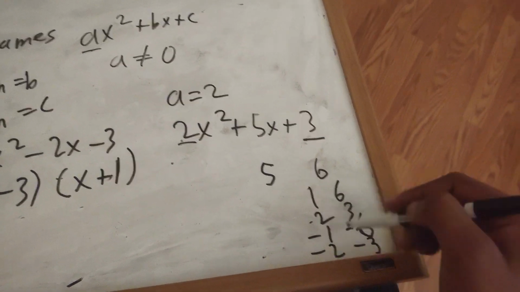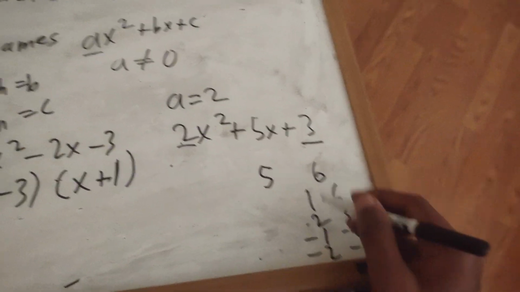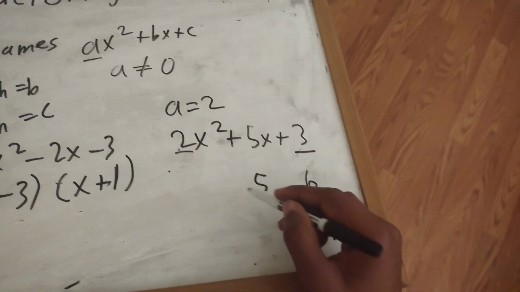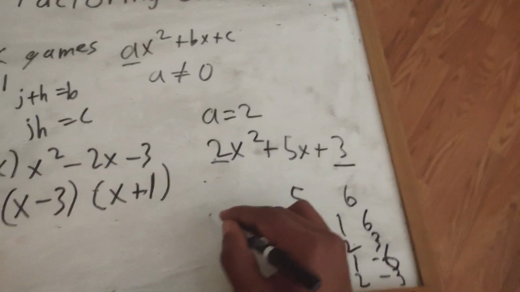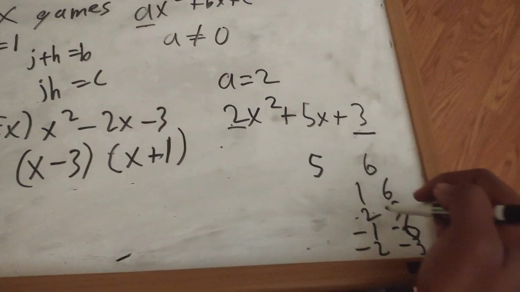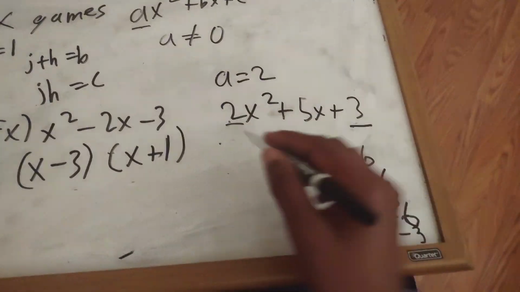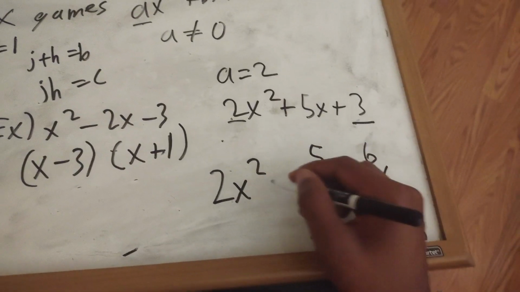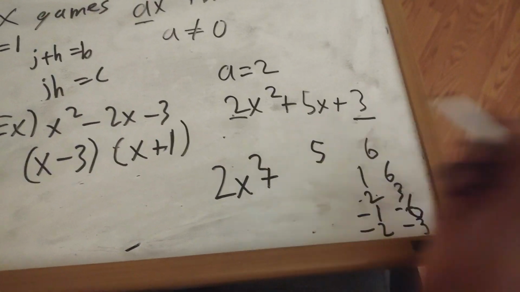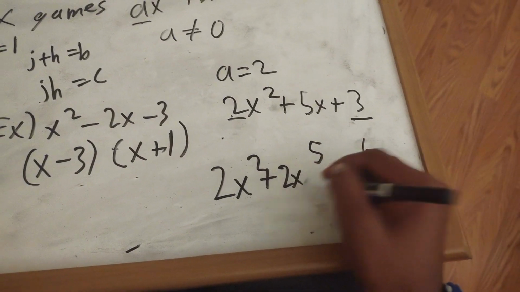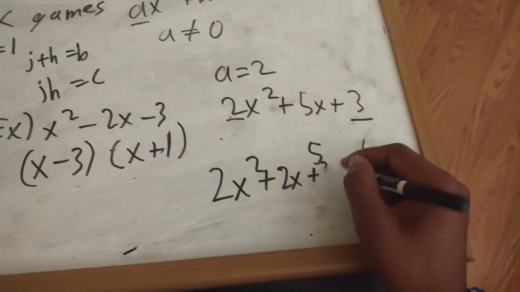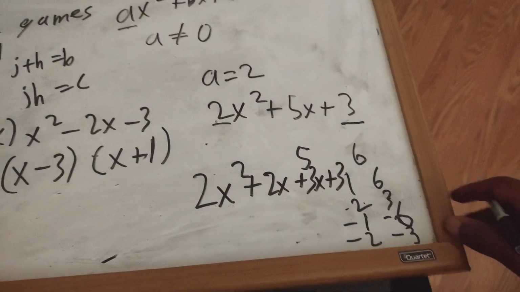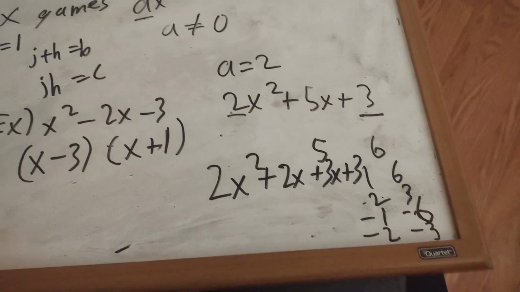If you check and add each one of them, you'll find out that 2 plus 3 does indeed get you to 5. So now that you found 2 and 3, you can rewrite this as 2x squared plus 2x plus 3x plus 3.